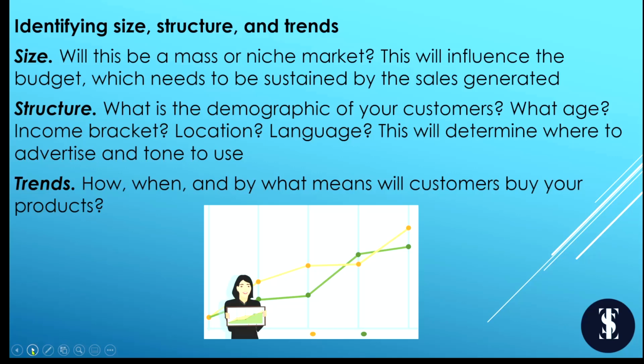Structure. What is the demographic of your customers? What is their age, income bracket, location, language, etc.? Okay, so where will you advertise and what tone are you going to use? Trends. How, when, and by what means will customers buy your products?